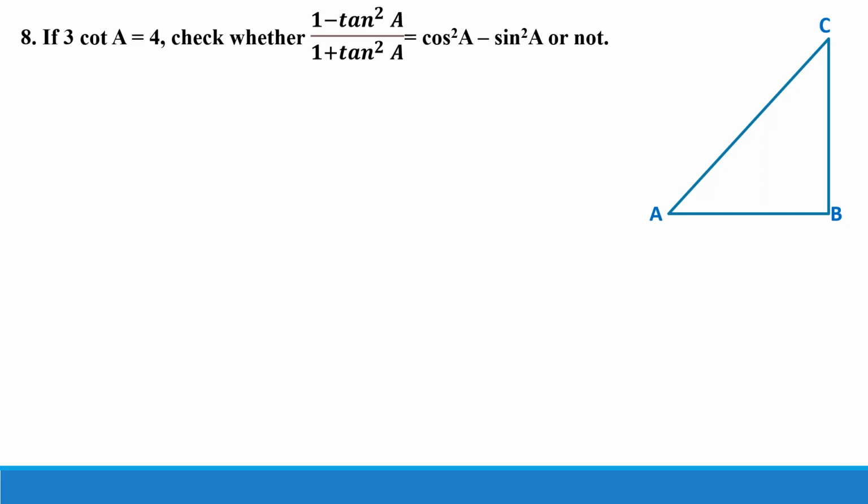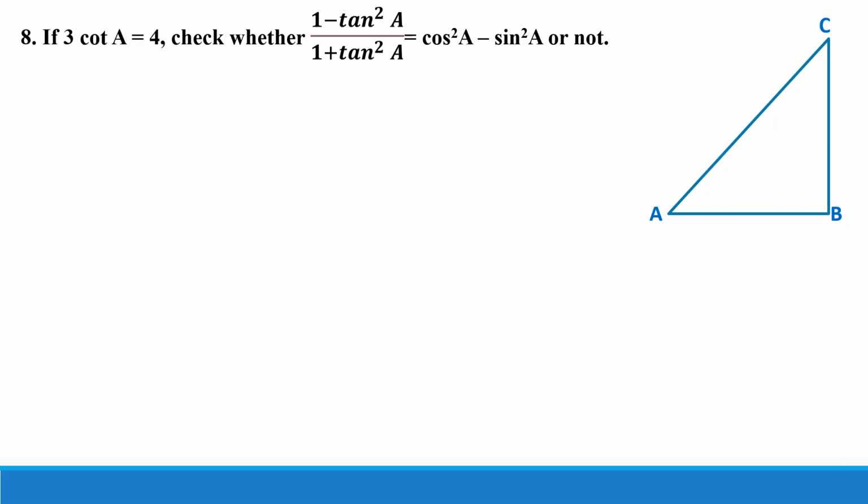So what I need to do over here is to find out the value of tan A, cos A and sine A from the given information, and then we will put those values separately in the left hand side and right hand side of the given equation, and then we find out whether they are equal or not when simplified.